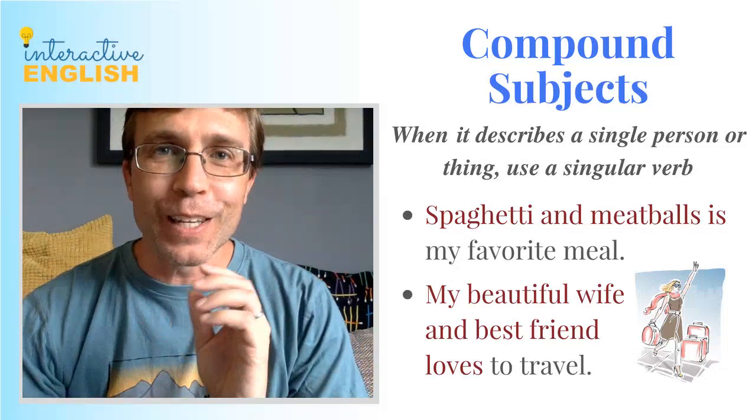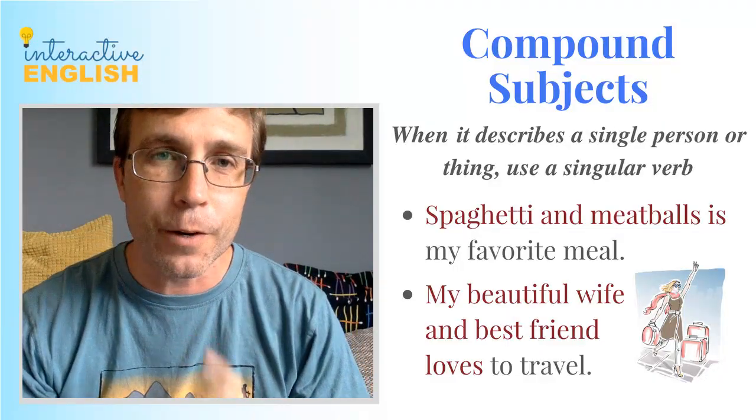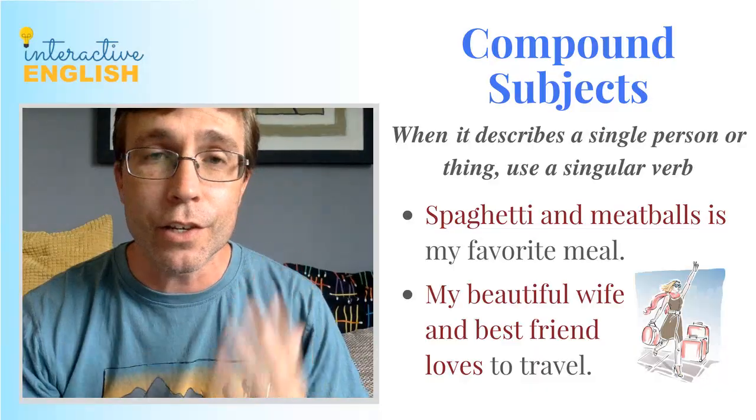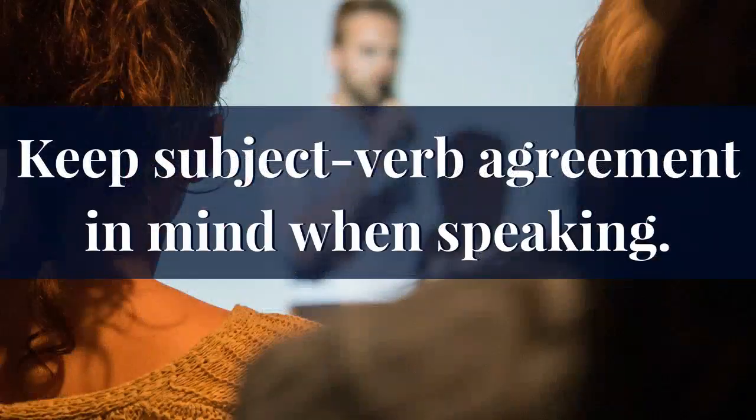Okay, so let's quickly look at a tip. All right, a subject and verb tip that I think is useful and very relevant to you guys. And that tip is keep subject-verb agreement in mind when you are speaking.